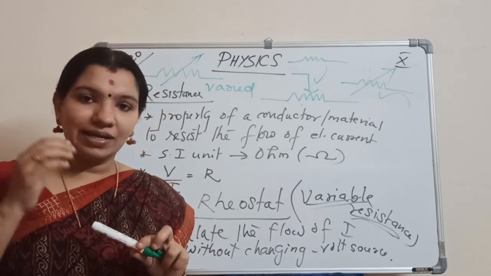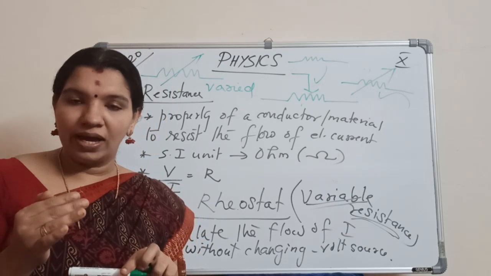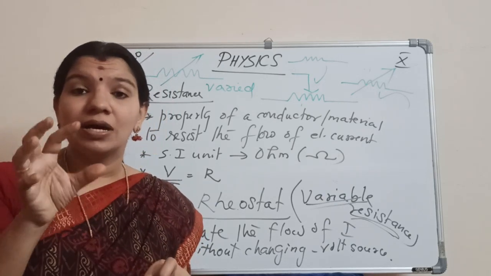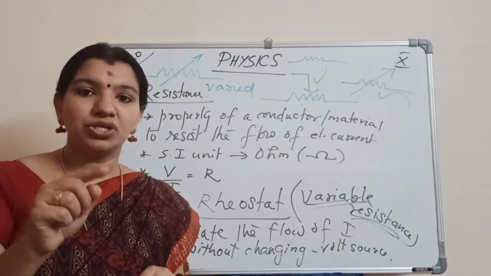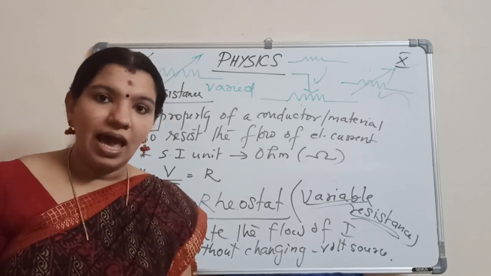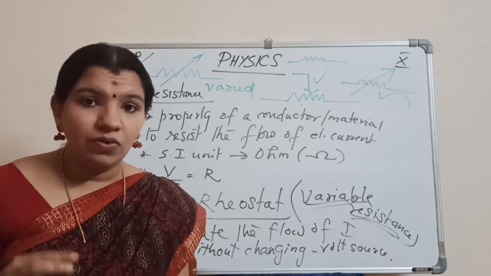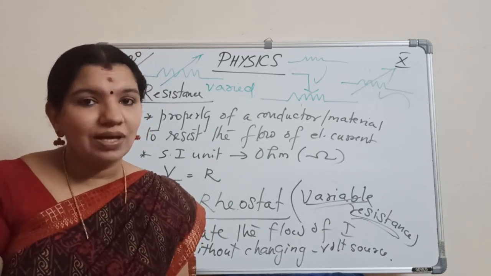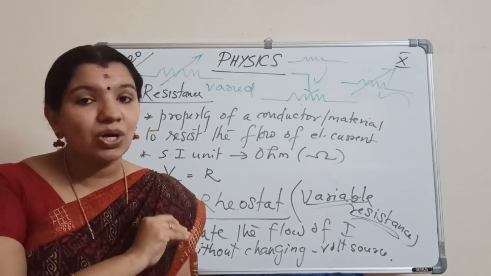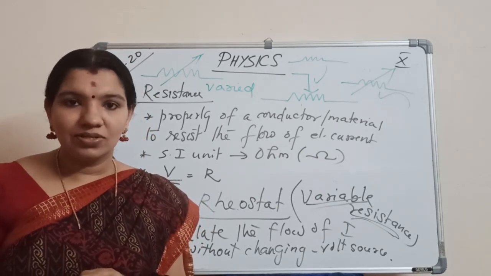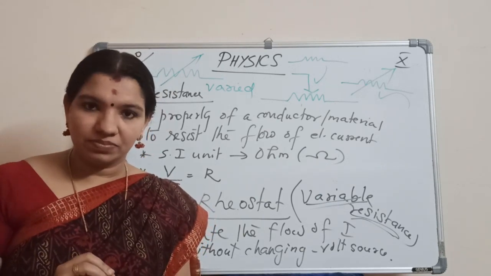Because we are taking a wire which is able to conduct, and this wire has a particular amount of resistance. And when we take the measurement for V and I, and when we took the ratio of V by I, we got a constant value. That value is actually what? The resistance of the nichrome wire. Understand? So we calculated the resistance of nichrome wire there.